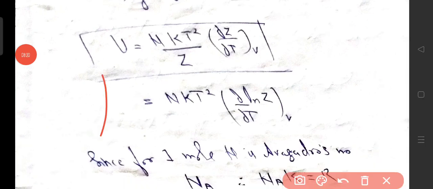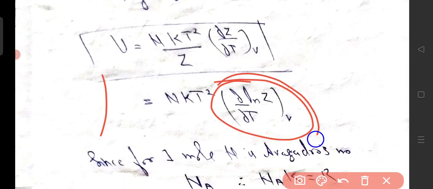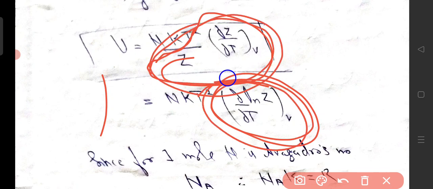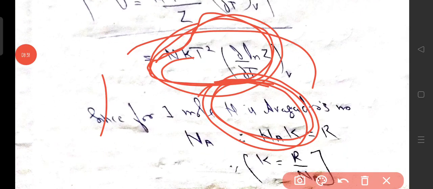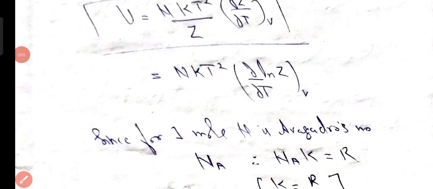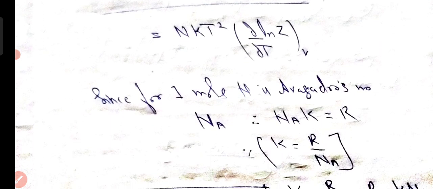If you see the previous step, which is the solution of this, we are able to convert this solution into this form. So finally you will get this type of relation. This is the conversion of internal energy in terms of the partition function.